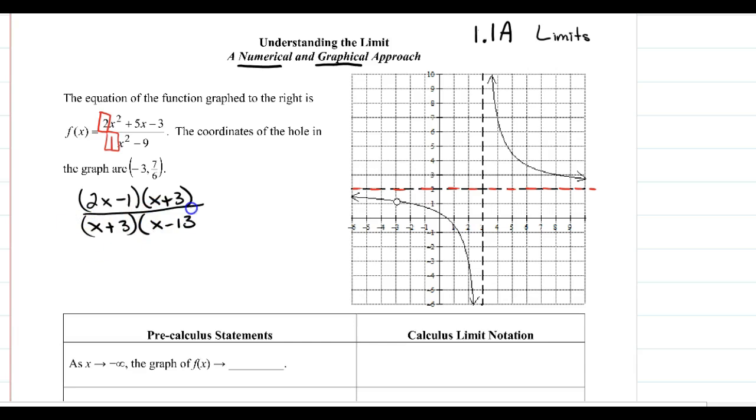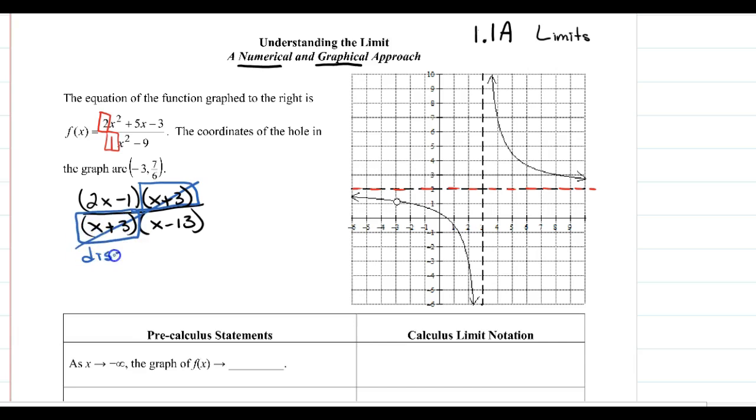over x minus 3. And something else I'll notice here is that I have this x plus 3 in the numerator and this x plus 3 in the denominator. When I have the same factor in the numerator and the denominator, I can cancel it out to make an essentially equivalent function. And that means that at x equals negative 3, this would be a discontinuity.